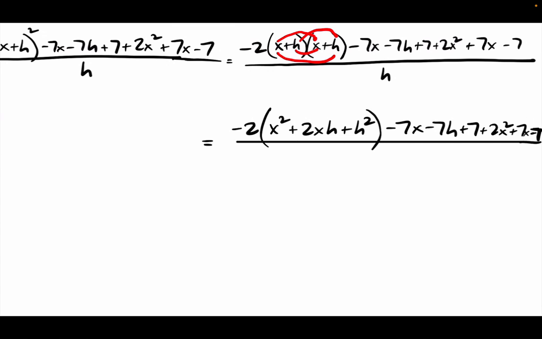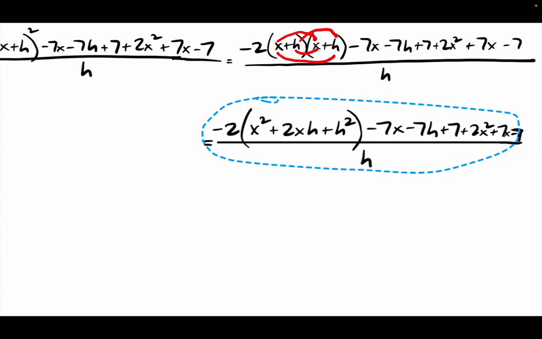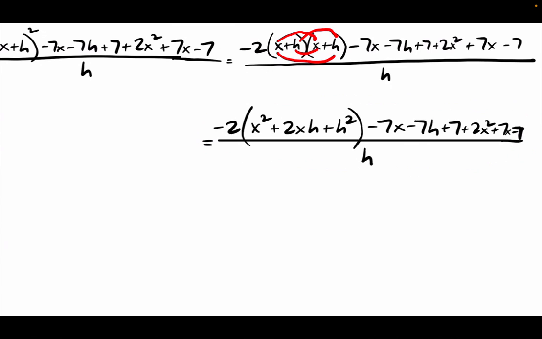Don't worry, a lot of this stuff will cancel out, but we have to carry it with us until it does. And then you can distribute the negative 2. Now I can distribute the negative 2 because there's no more exponents. Okay, no more exponents.